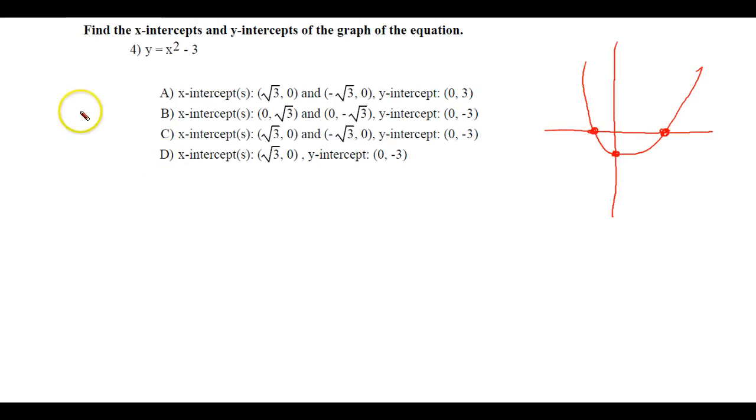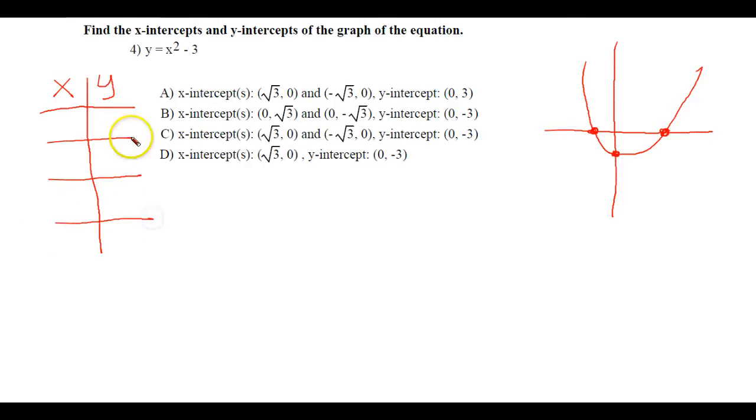So you might say, well, what technique? Well, I think we can use a t-chart. Now, keep in mind, we're going to get one y-intercept, and we're going to get two x-intercepts.